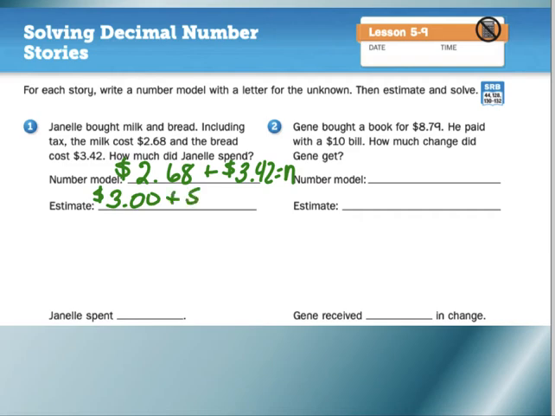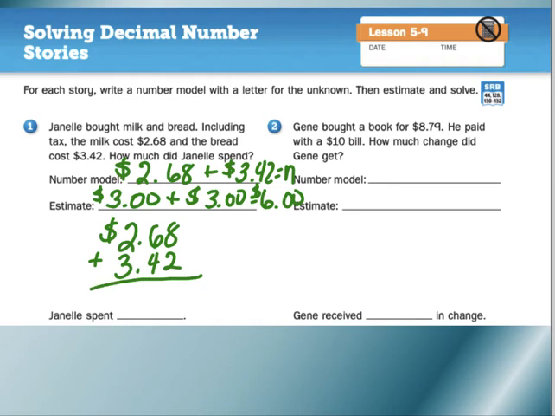Plus $3 here equals $6. Make sure you get your dollar signs in there. Then you'll actually solve it down here. You go ahead and do your addition and then put your answer at the bottom.